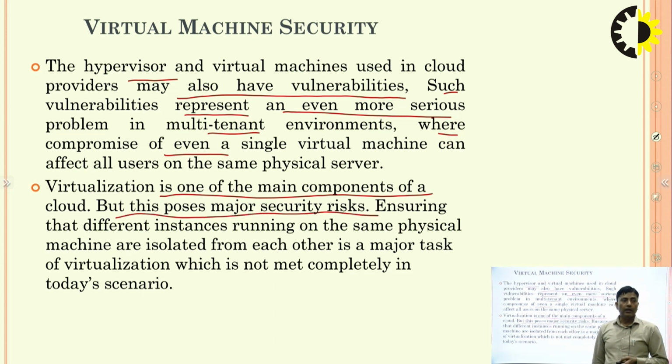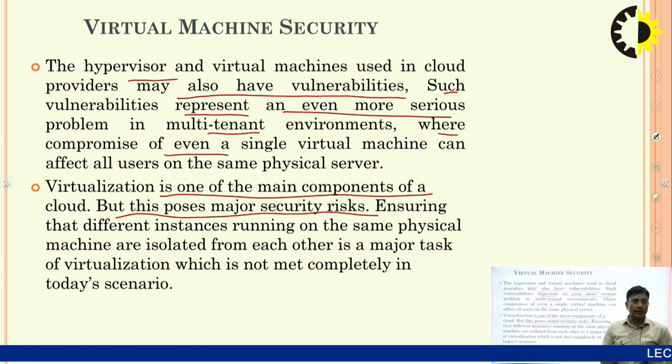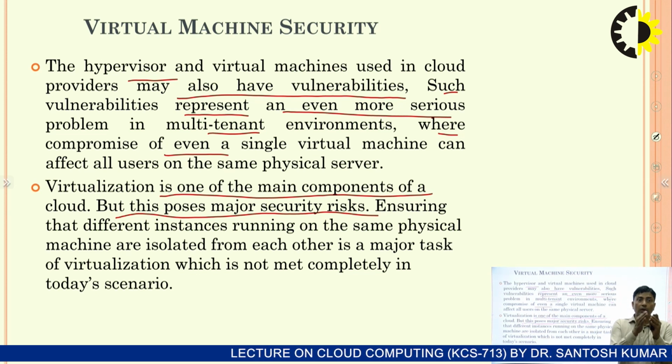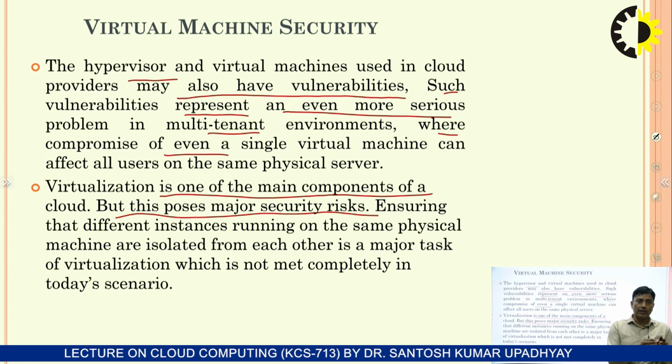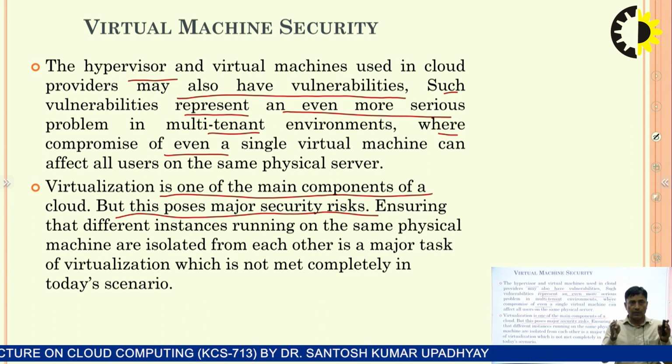Ensuring that different instances running on the same physical machine are isolated from each other is a major task, and that is a major concern. That means when you are dividing your physical server into a number of virtual machines, there should be clear-cut isolation among different virtual machines.